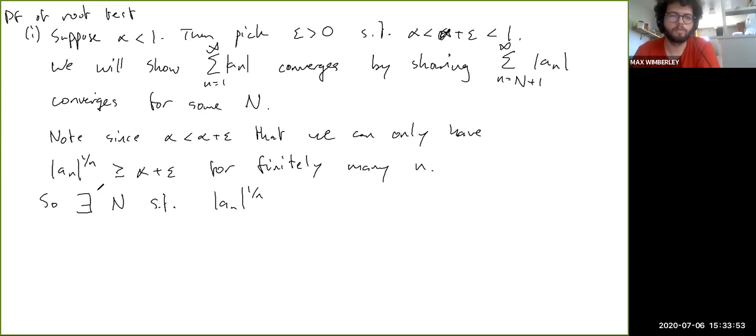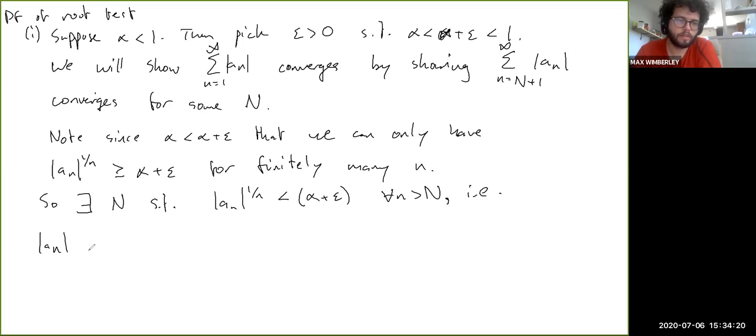So here, you can't have infinitely many terms of the sequence be greater than alpha, right? So basically, there can only be finitely many that are greater than or equal to alpha plus epsilon. So there exists an N such that this is less than alpha plus epsilon for all n greater than capital N, i.e.